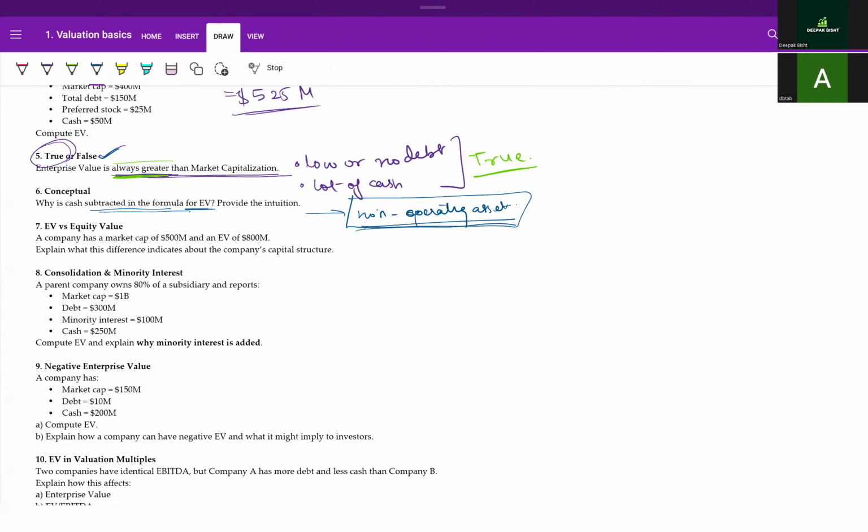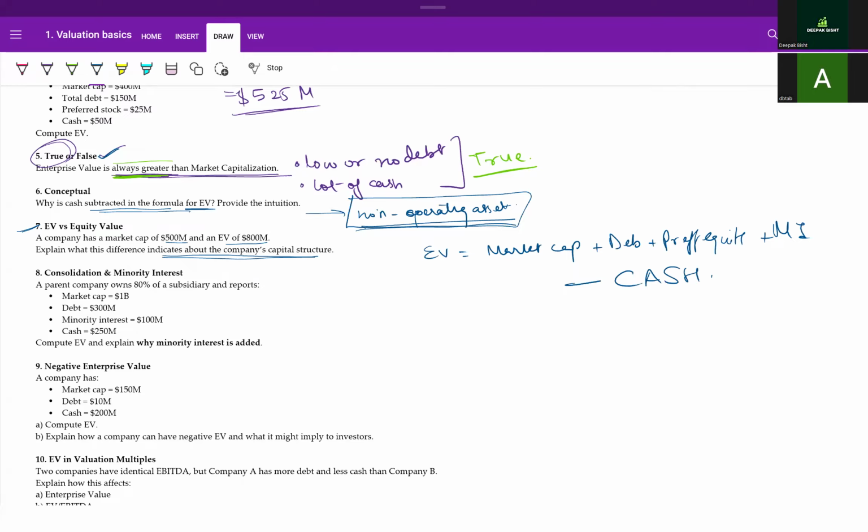Okay, the next question is, what is the difference between enterprise value and equity value? A company has a market cap of 500 and an enterprise value of 800. Explain what this difference indicates about the company's capital structure. Enterprise value is the market cap plus the debt plus the preferred equity plus the minority interest, and we subtract the cash.